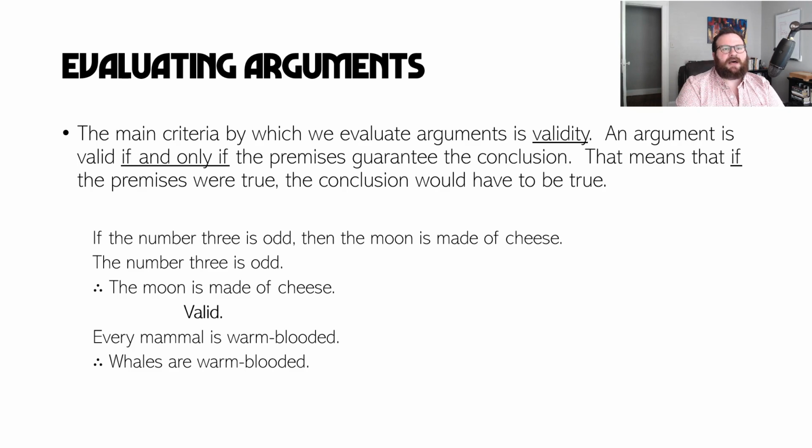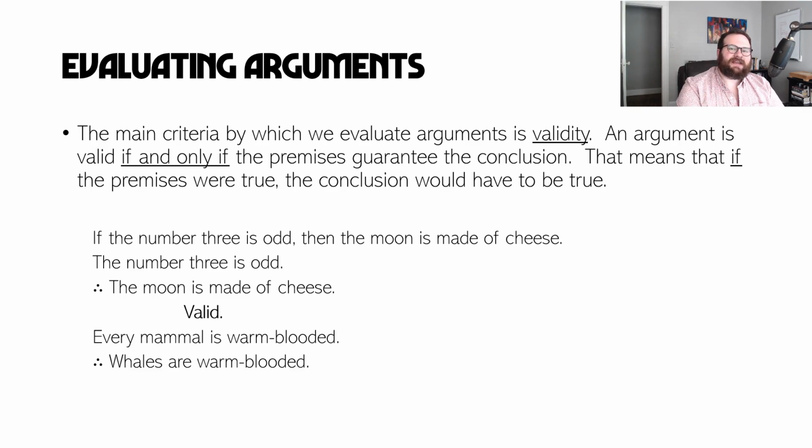Is it possible in any world that the conclusion could still be false? Whales are warm-blooded. Yeah, if whales aren't mammals, right? What if whales are fish? They aren't, but what if they were? If whales were fish and not mammals, then that premise, every mammal is warm-blooded, would do nothing at all in terms of supporting our conclusion.